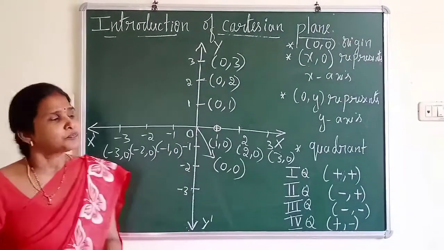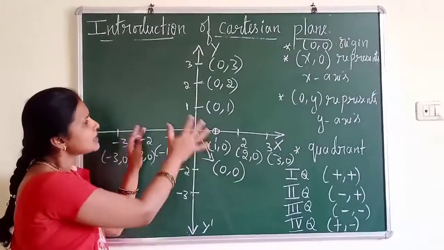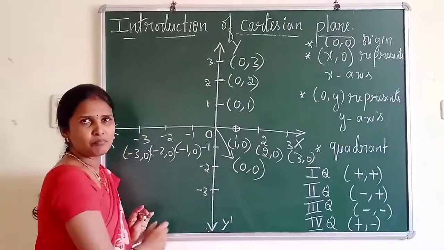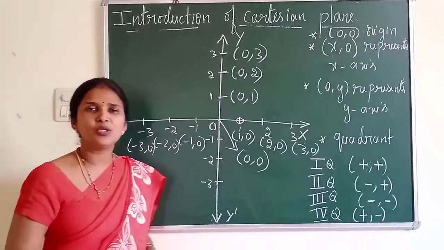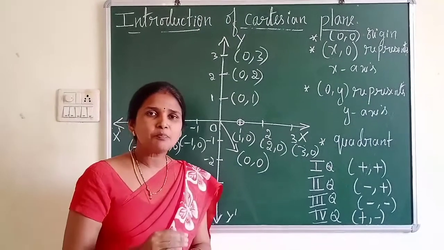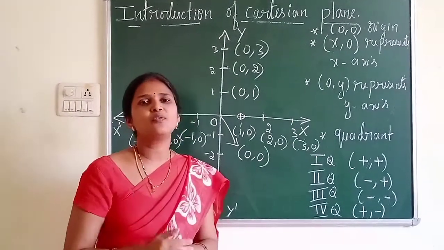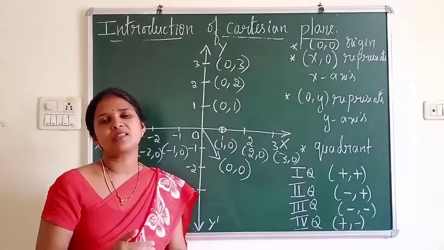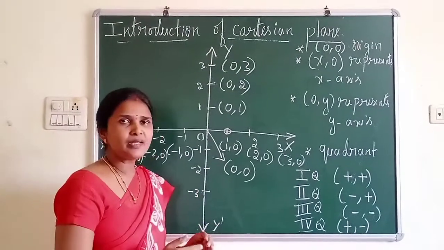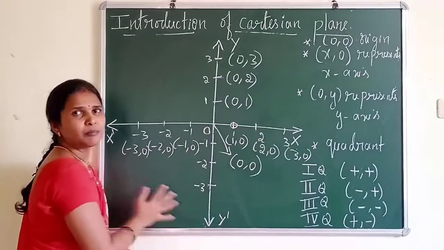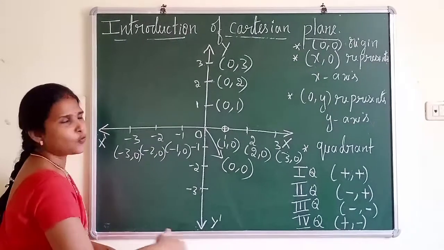Next, this is a plane. This is called a Cartesian plane. The Cartesian plane is divided into 4 parts. Each part is called a quadrant. What is the meaning of quadrant? Quadrant or quarter is nothing but 1/4. Quadrant is nothing but 1/4 of the plane. So it is divided into 4 parts.